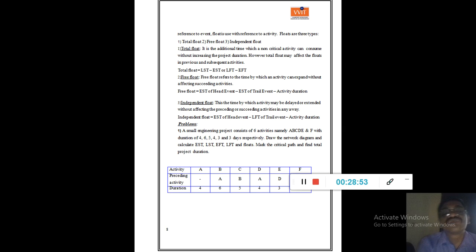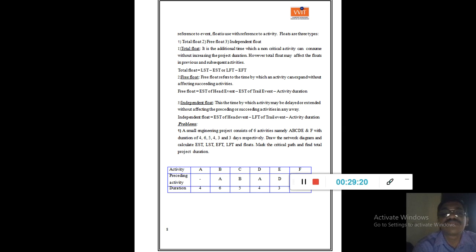So there are 3 types of floats: total float, free float, and independent float. Total float is the additional time which a non-critical activity can consume, because anyhow the total float of a critical activity is 0. So it is the additional time which a non-critical activity can consume without increasing the project duration.